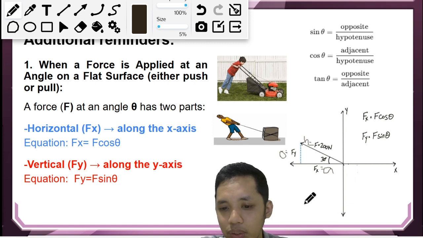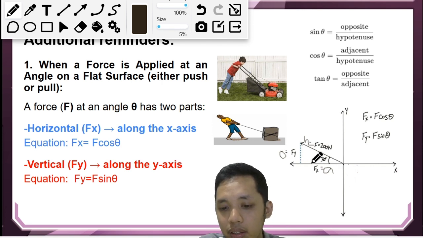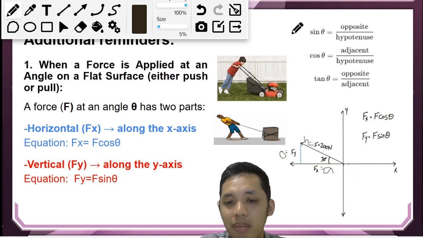Okay? Now, since we need to get, first, let's say, f of x. Let's focus first on f of x, which is the horizontal component. We need to get the adjacent side. And among the trigonometric functions, which one has adjacent sides?